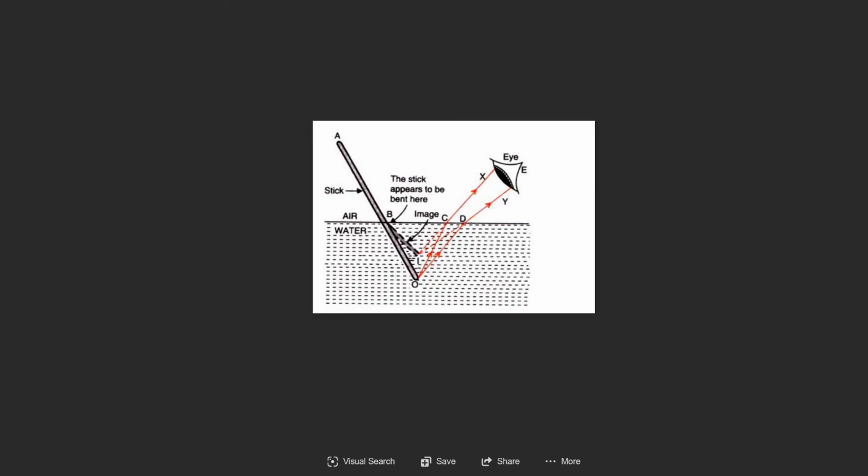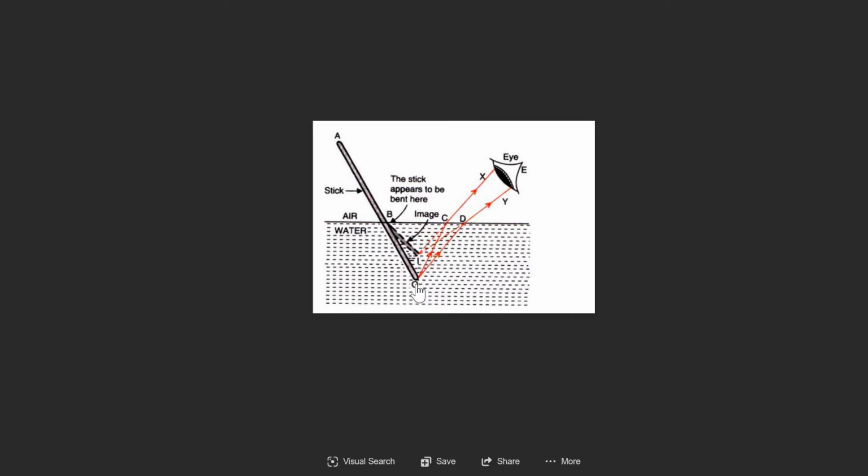We will see the bending of a stick. So this is the apparent bending of a stick under water. See here, we have a stick AO, and the rarer medium is air and the denser medium is water, and a person is viewing from here, and the stick appears to be bent here like this.